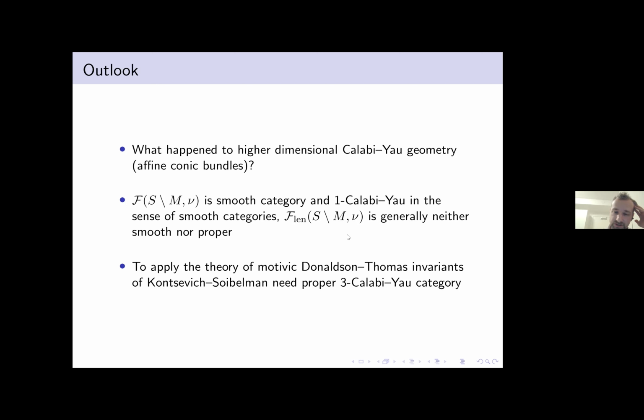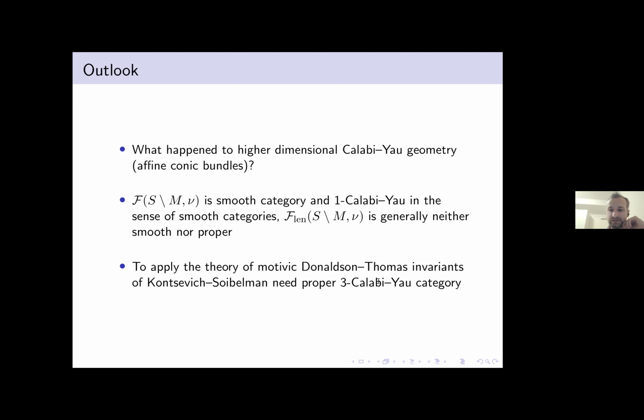At least if it's dimension 3, then we expect that we get a proper 3-Calabi-Yau category, which is needed as input for the theory of counting semi-stable objects, what are called motivic Donaldson-Thomas invariants by Kontsevich-Soibelman. This will allow us to count semi-stable objects and relate these back to counts of saddle connections and closed geodesics, which I said was one of the central questions in the subject of flat surfaces.